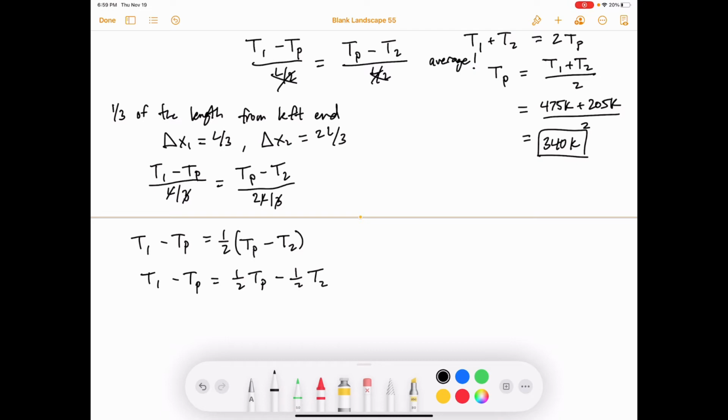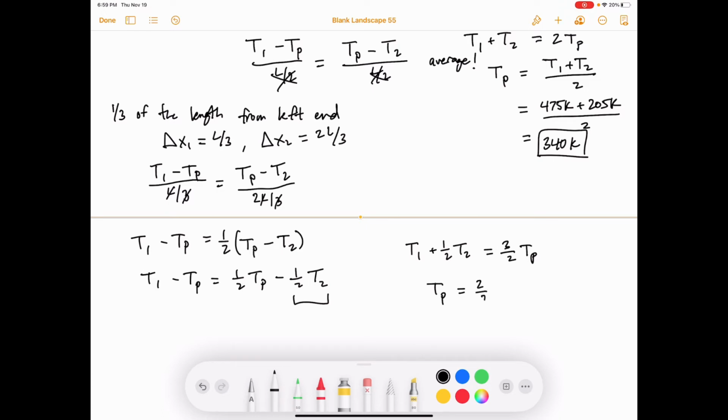Let's put the Tp terms on one side of the equation. So we'll add Tp to both sides. And then we'll add this term to both sides. So I'm going to have T1 plus a half T2 equals 3/2 Tp. So Tp is equal to, multiply through by 2/3.